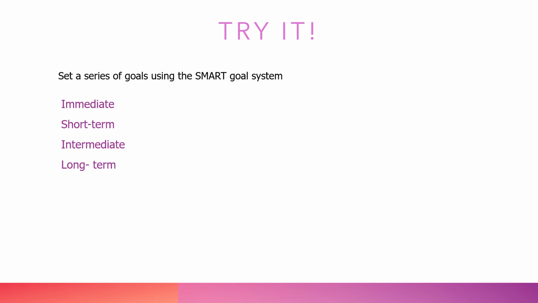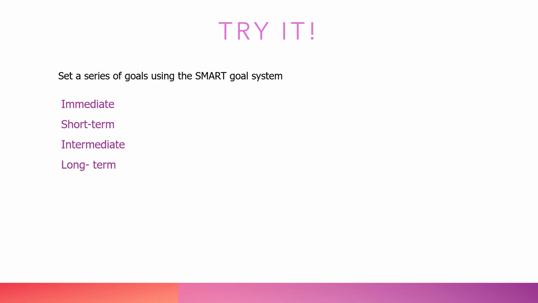But if it does, let's make it an opportunity to go back and have a look at our SMART goal system and check in with all those little parts of it and see, is this realistic for us? Does perhaps the time constraint need changing on this? Are there other things that I can look at to make it more realistic? Is this really aligning with what's important to me? So we go back through that system and have a look.